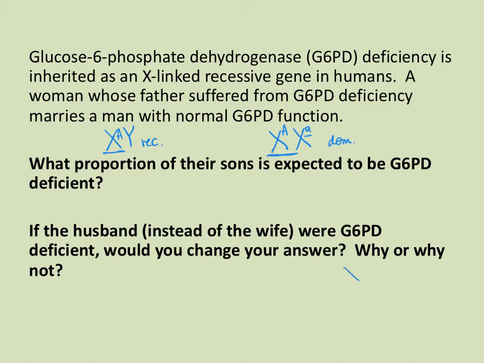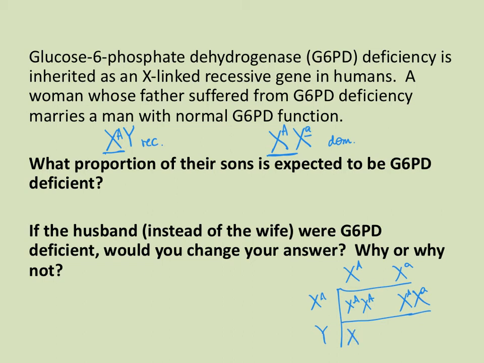So I'll draw X with a dominant A, X with little a, X with a dominant A, and Y. So X with a big A, X with little a. Nope, they're still both dominant. And then one daughter could be heterozygous for the trait.